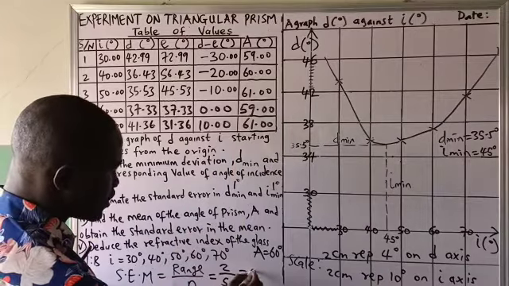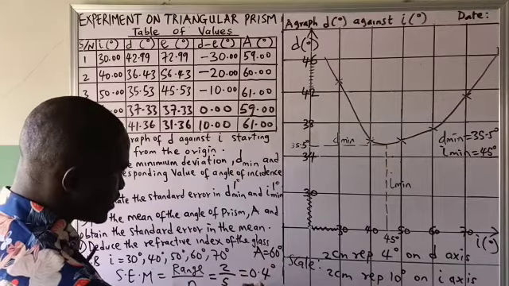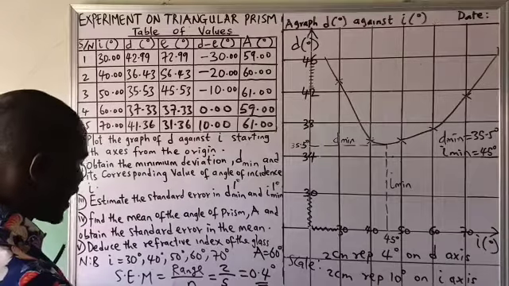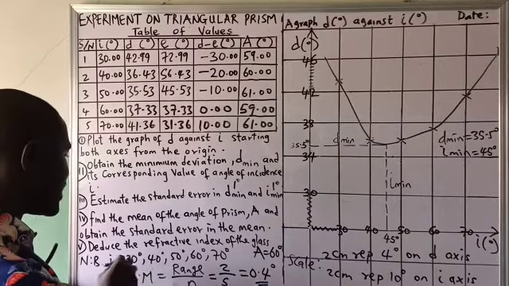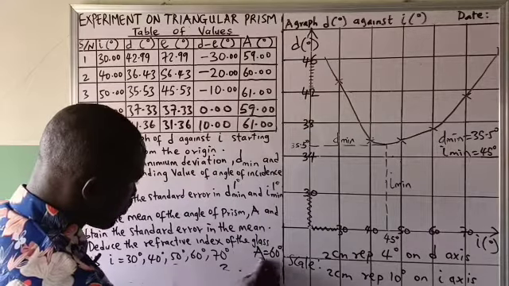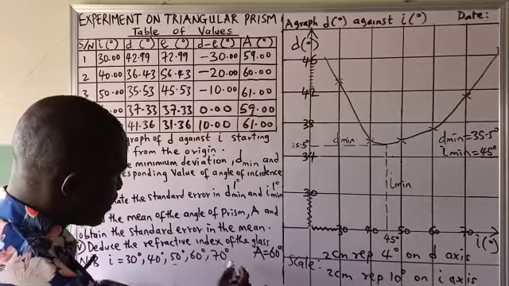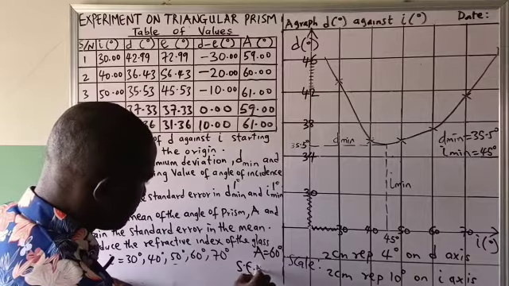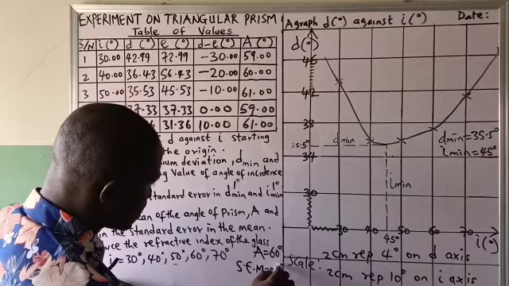That is approximately 0.4 degrees. So that means our SEM, standard error in the mean, is 0.4 degrees. So we'll write it: SEM equal to 0.4 degrees.